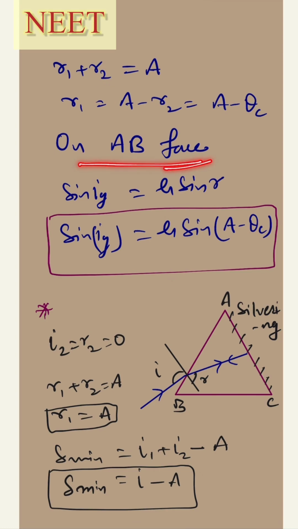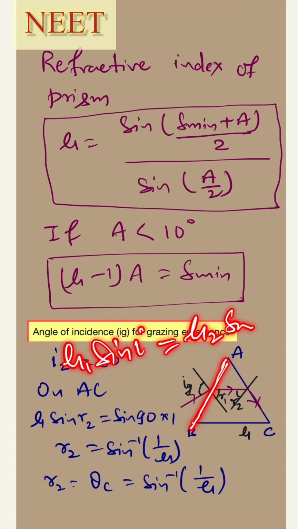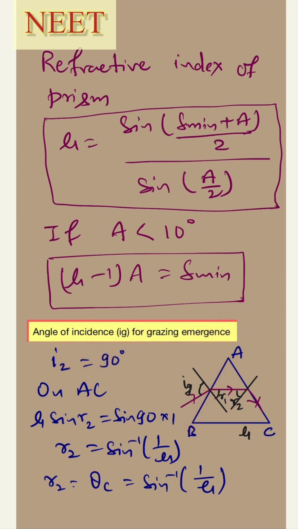On AB face, which face? AB face means this face. Again we will apply mu1 sine I is equal to mu2 sine R. Here mu is equal to 1. So 1 into sine Ig is equal to mu into sine R1.